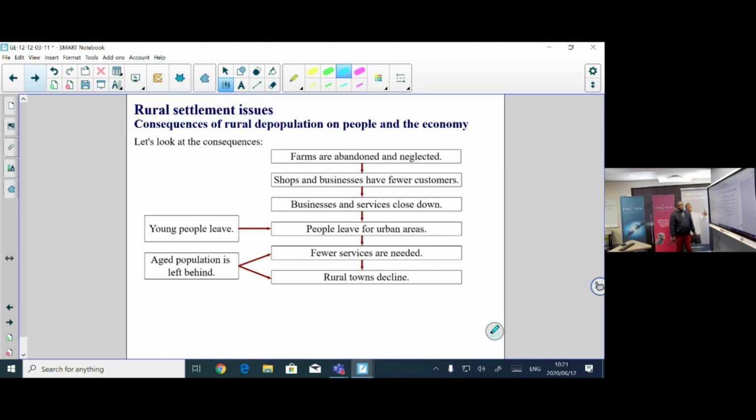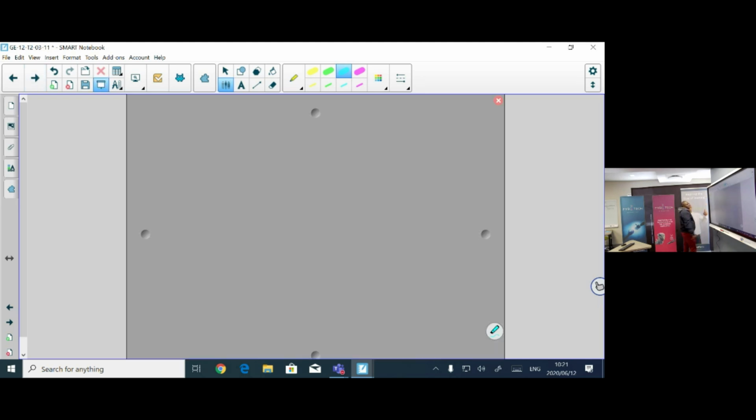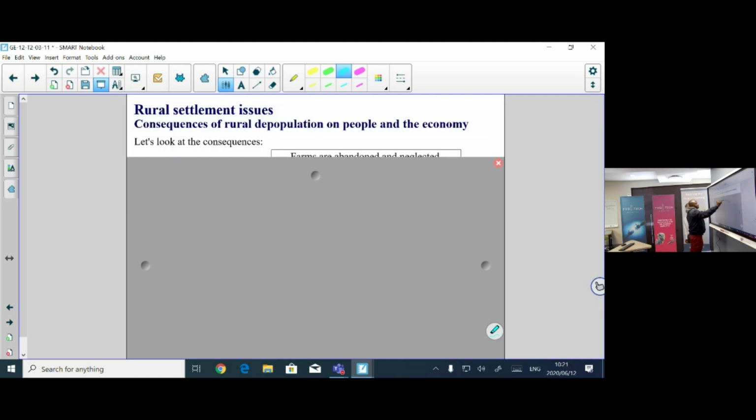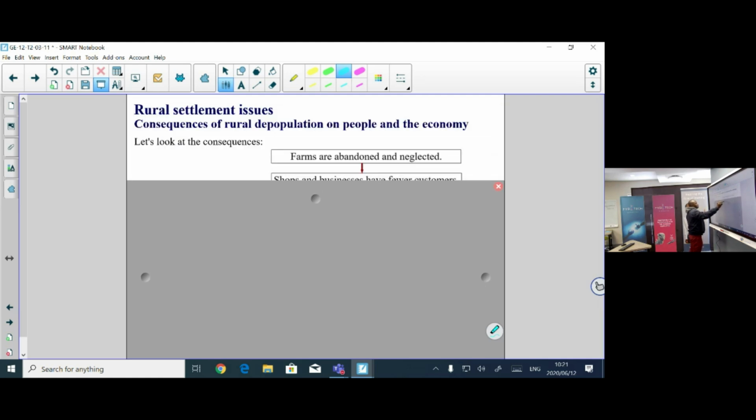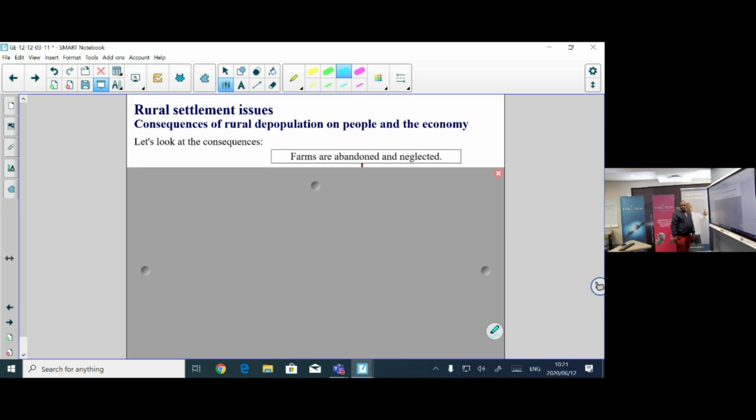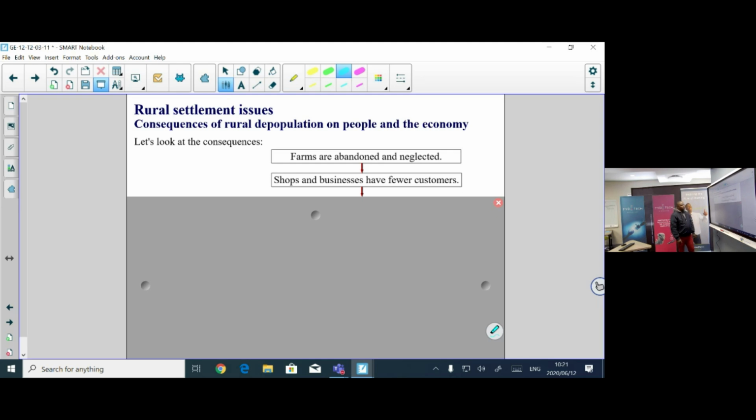What are the consequences of this rural-urban migration? Farms are abandoned and neglected. That's one consequence that we have. The second is shops and businesses have fewer customers.